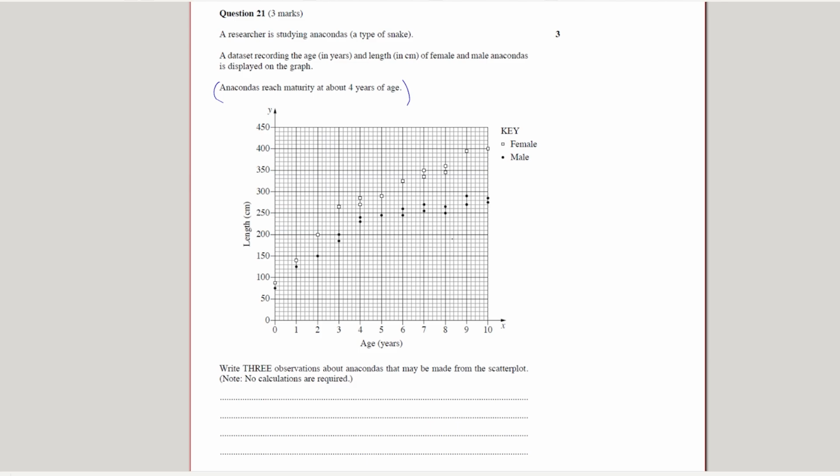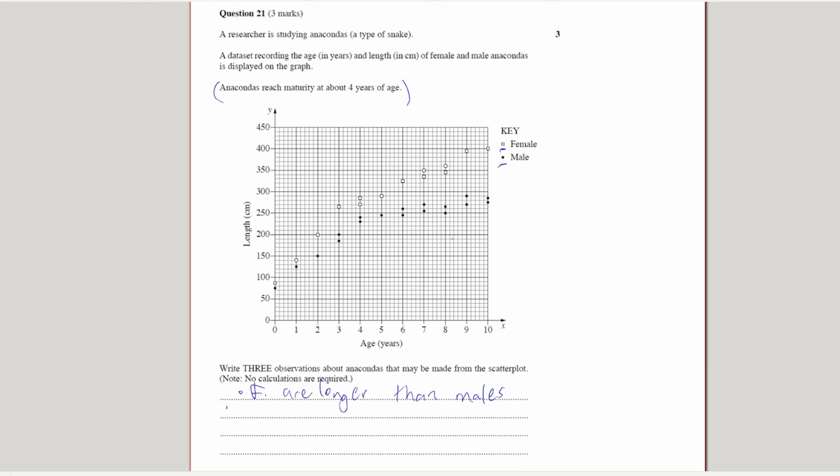First thing, white is female, black is male. So first thing you can see is that every time the white square is bigger than the black circle. What does that mean? That means female anacondas are longer than male anacondas.